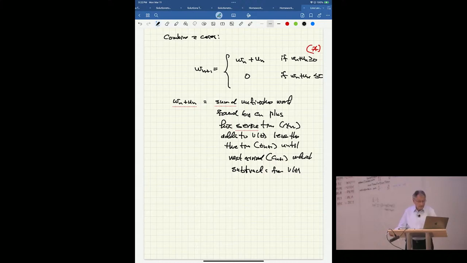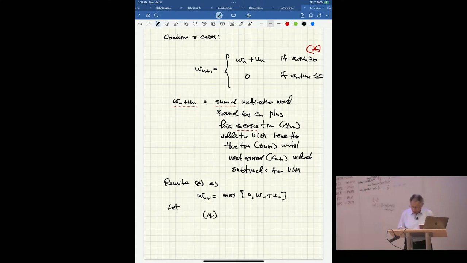Okay. So I want to rewrite equation star simply as W sub n plus 1 equals the maximum of 0 and Wn plus Un. So I've simplified, I've now got a single equation with a somewhat complex operator. More than that, I want to simplify that, so I'm going to make a definition, which you've seen before, or hopefully you have, if not, here it is.